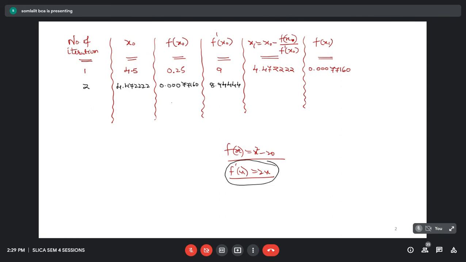Done, anybody? The formula is not so complicated, so it will take this much time. It's a very simple formula. Isha, Minal, how much are you getting for x1 in this case, second iteration?